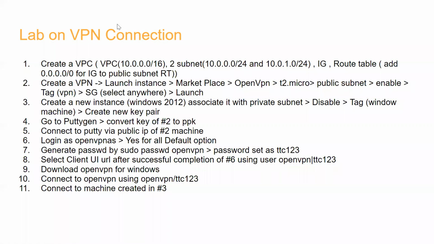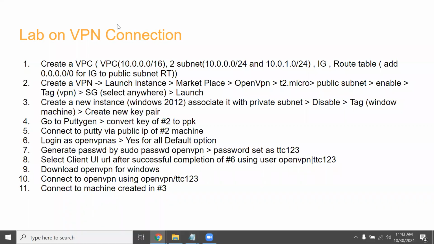So all the exercises we have done, the peering exercise, NAT gateway, or the endpoint, were about how we can connect to our instances privately. We don't want to go through the internet. Similarly, we have VPN connections. Here also, we'll create two subnets.